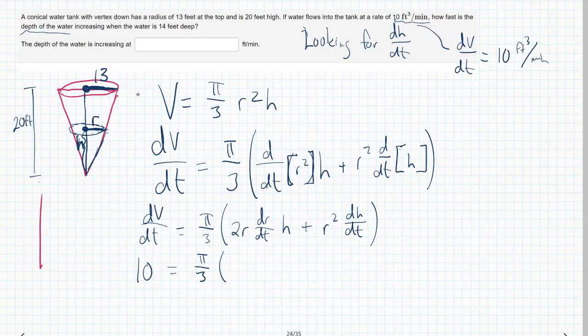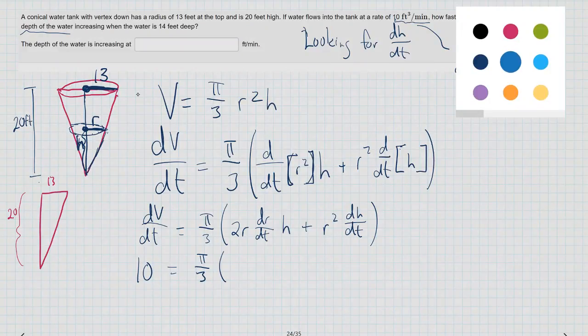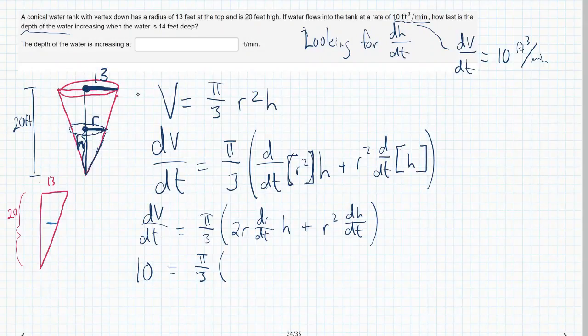Well, notice you have a triangle. The first one is 13, and then that whole distance right there is 20. And inside of that, we have some blue going on, and we have r and h. Since these are similar triangles, because you have the same angle here and here, we can go 13 over 20 equals r over h.